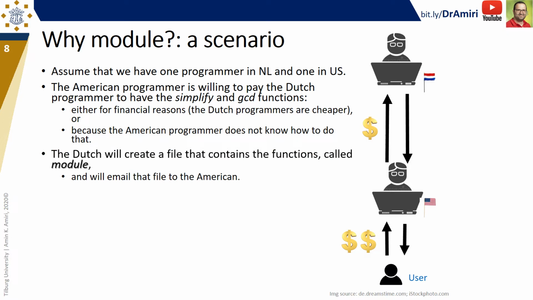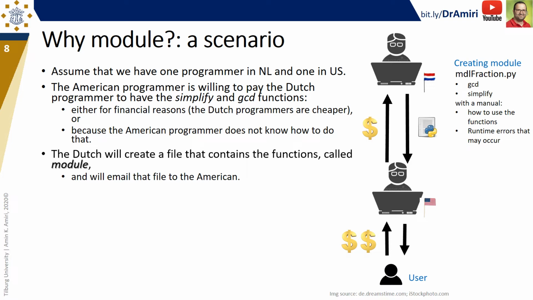So the Dutch will create a file that contains these two functions, and you need to know that this file is called a module, and he will email that file to the American programmer. The Dutch is going to call this file mdlfraction.py.